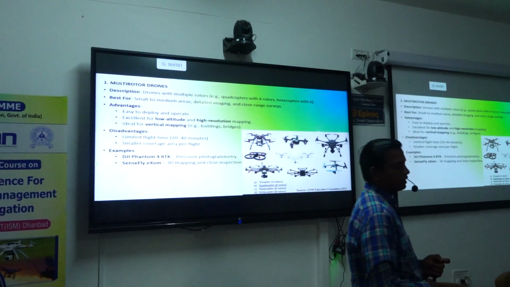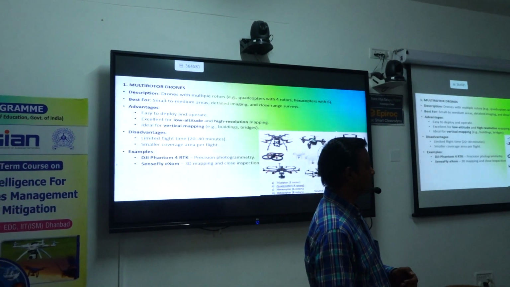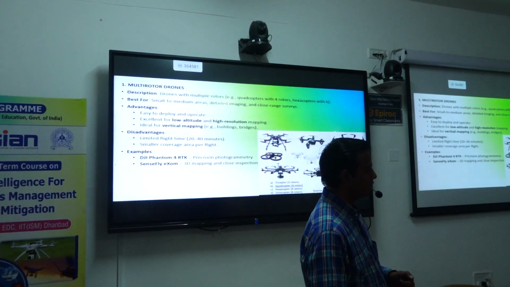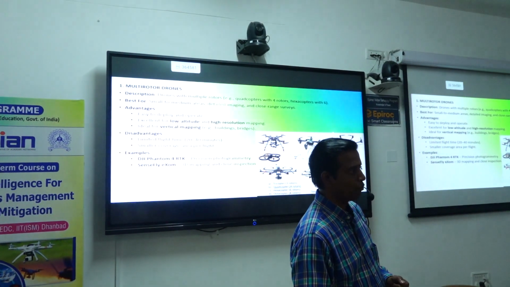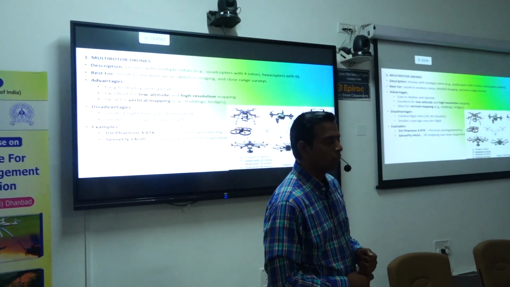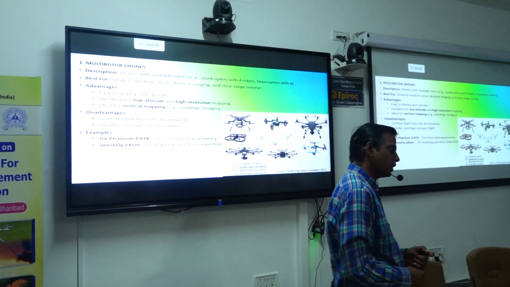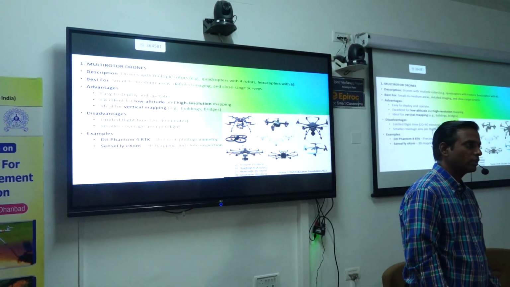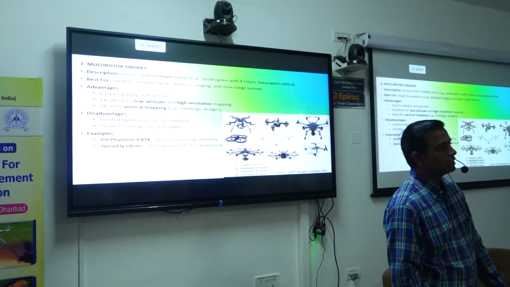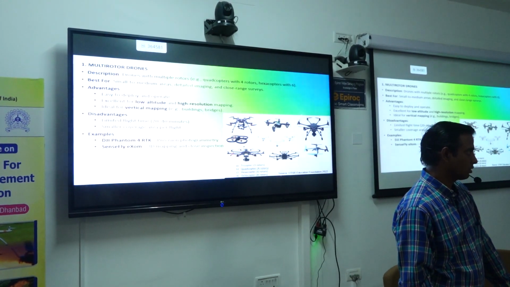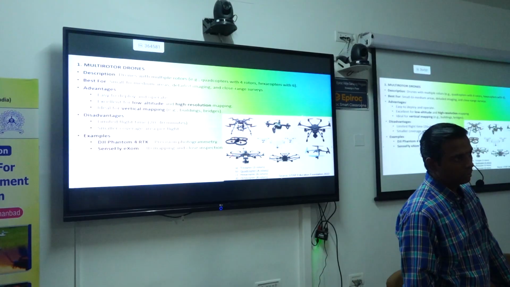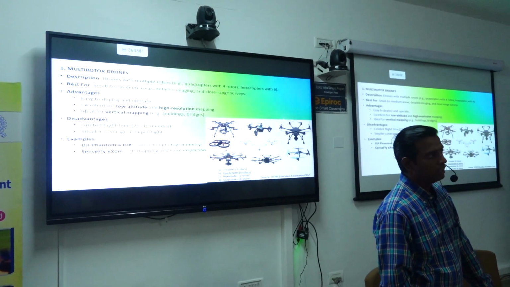Now again, the classification is on the basis of the kind of rotors. There are 3 basic kinds of rotors. One is fixed wing, another is multi-rotor, and the third one is hybrid.